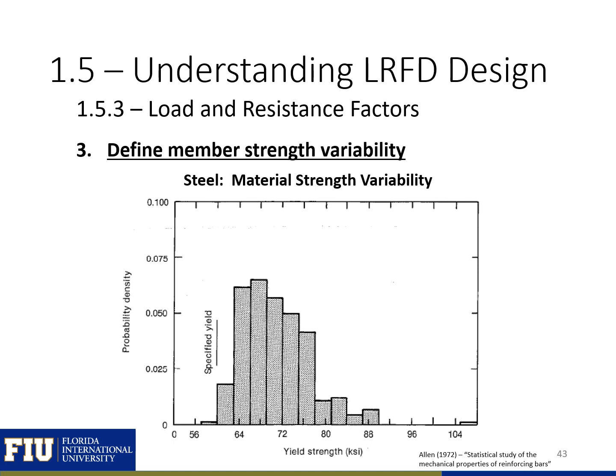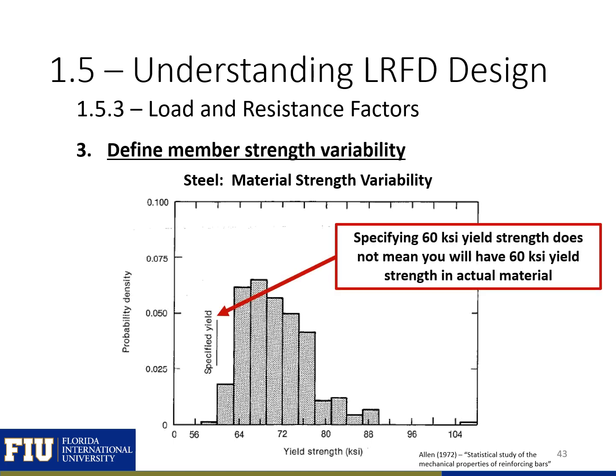We now move from our load variability to our member strength variability. So here we'll look at different variability that we have in the material, in material sizes, and also in member sizes. So the first here is a variability in our steel strength. So we may specify 60 KSI yield, but that doesn't necessarily mean that we'll get a 60 KSI yield strength material.